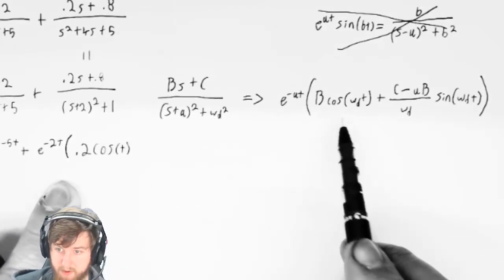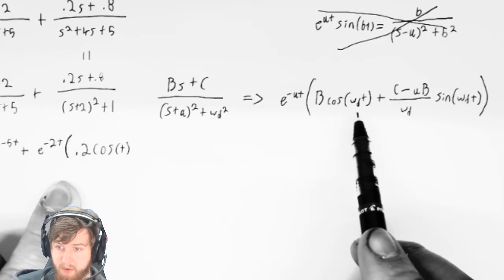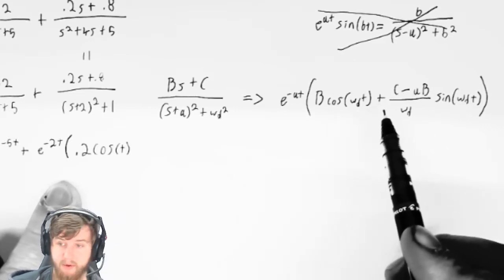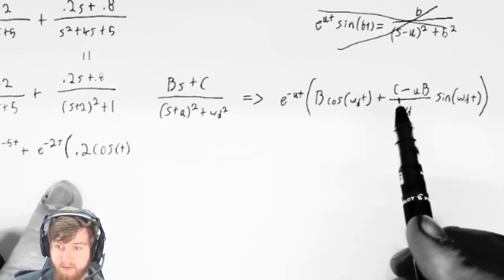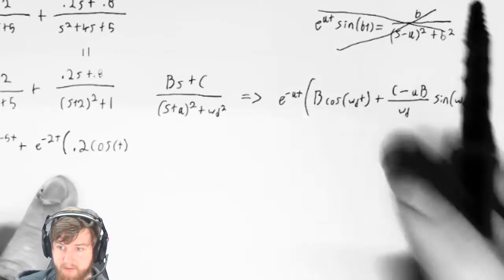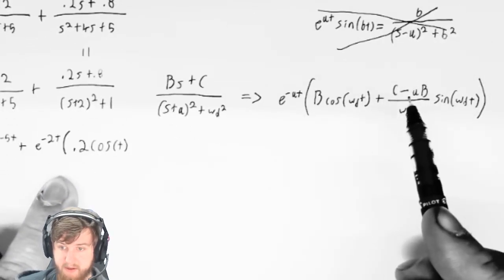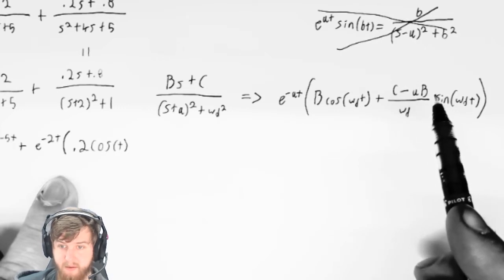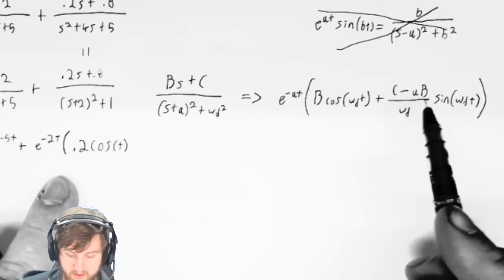So 0.2 cosine t, because our omega d is 1, plus, so now it's getting a little hairy. That's going to be c, which is 4/5, or 0.8, minus a, which is 2, times b, which is 1/5.